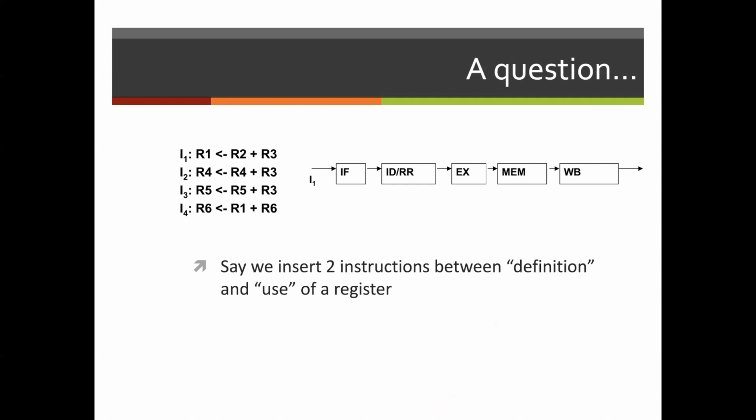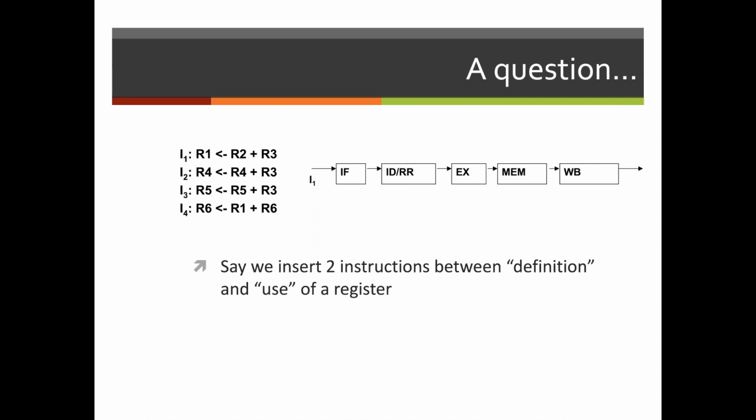And so another consideration that we want to keep in mind is what would happen if we were able to move later instructions in between our original instruction 1 and instruction 2.